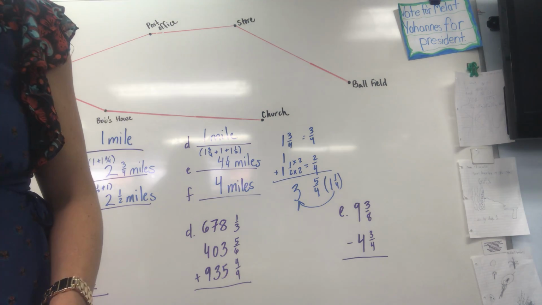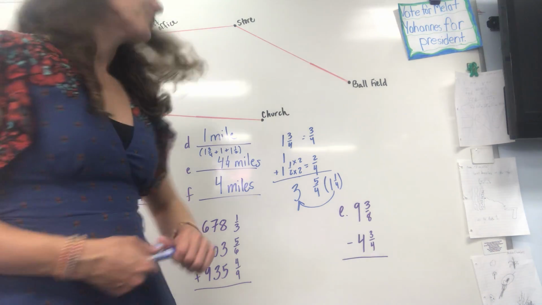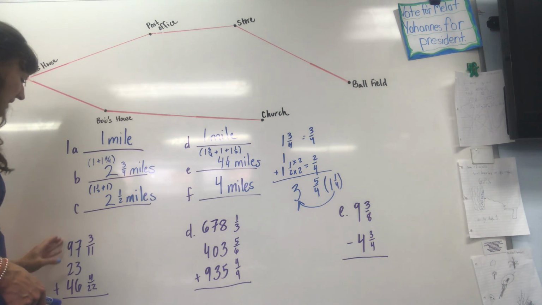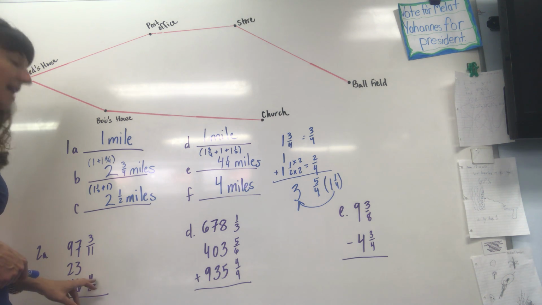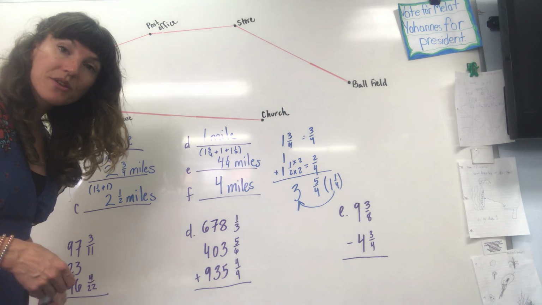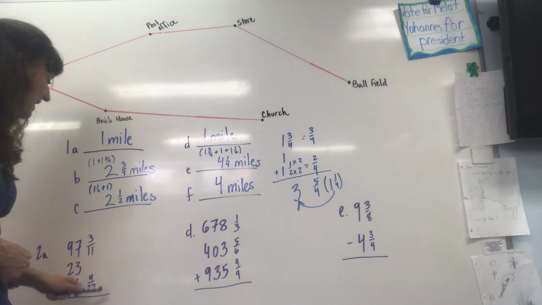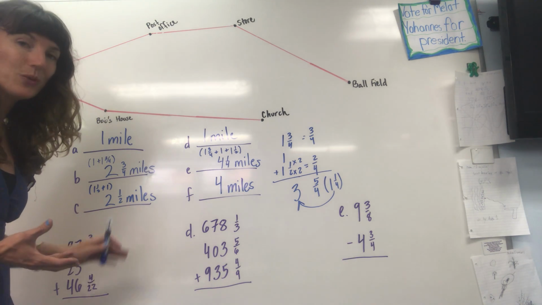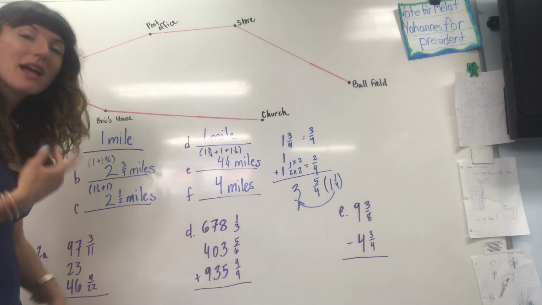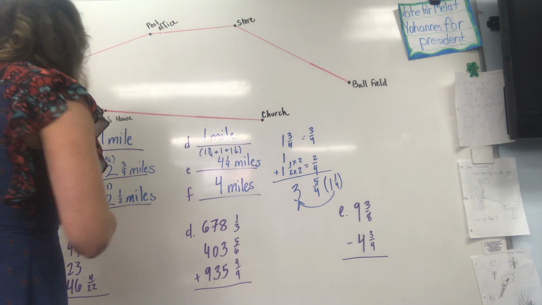All right. So we need to add these 3 numbers together. 2 of them have fractions, so we work with our fractions first. 11 and 22 are our denominators. Those are very related. We can turn 11 into 22 by multiplying by 2.